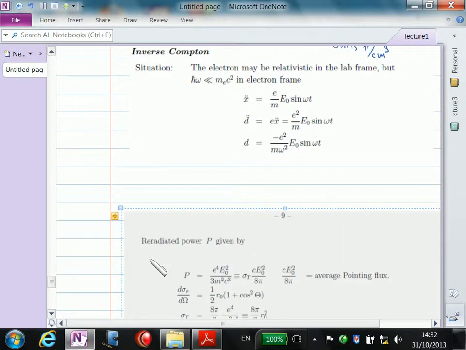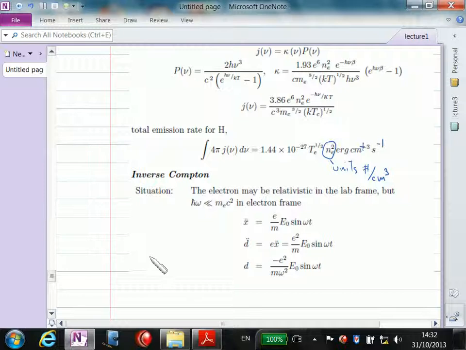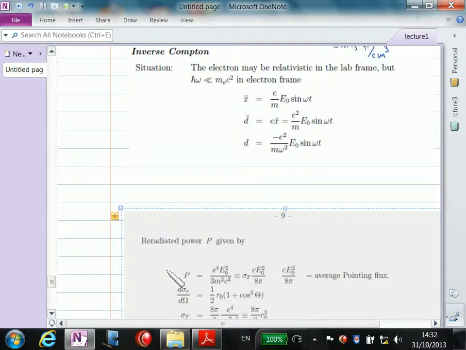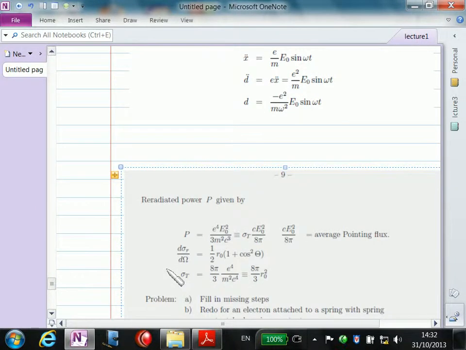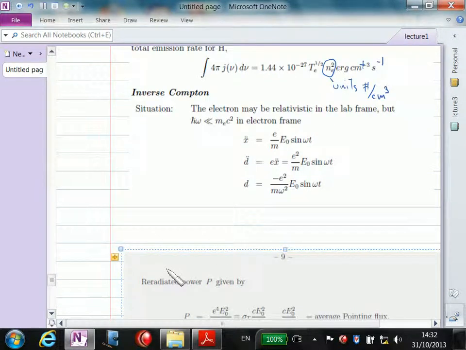In the electron frame, does everybody know how to calculate inverse Compton, Thomson, inverse Compton scattering? Let's talk about Thomson scattering. You can do it classically. The electron oscillates according to this equation.